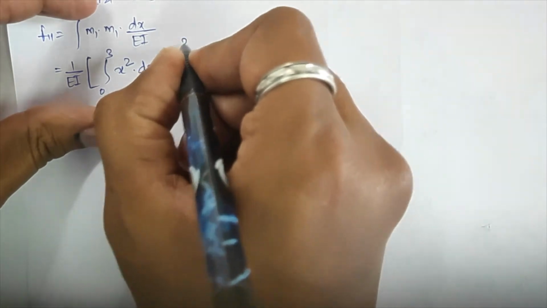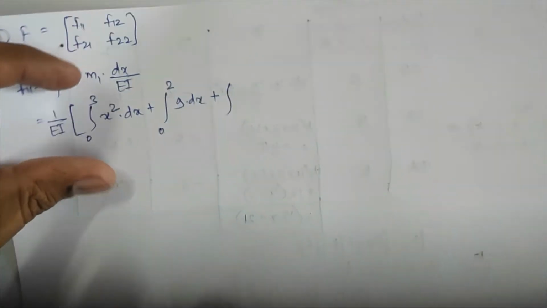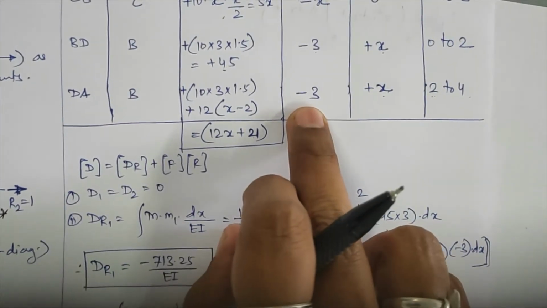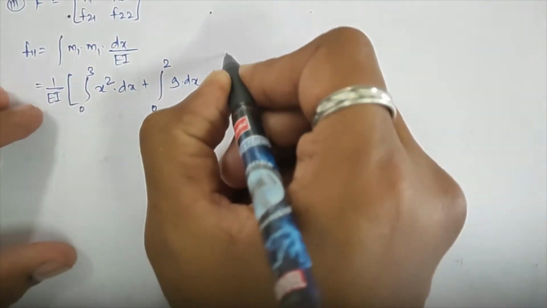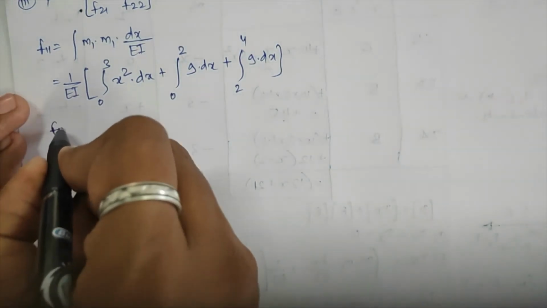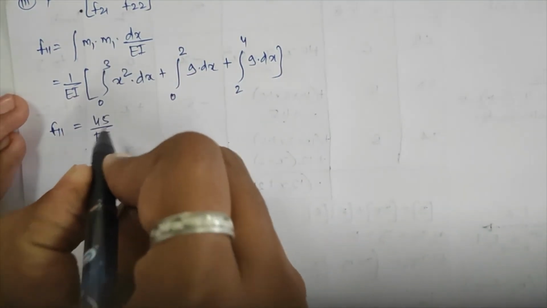Limits of integration are from 0 to 2, plus 9 into dx, plus next integration, again minus 3 into minus 3, that is 9, but limits of integration are from 2 to 4, so 9 into dx. You solve this, you will get F11 equal to 45 upon EI.